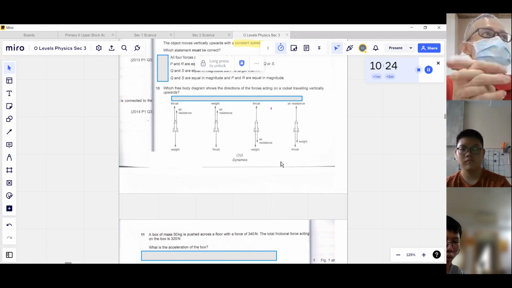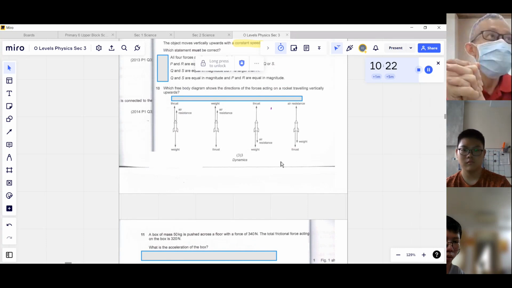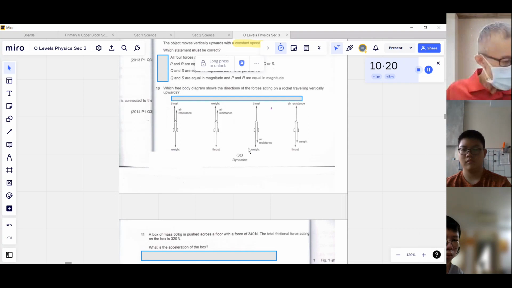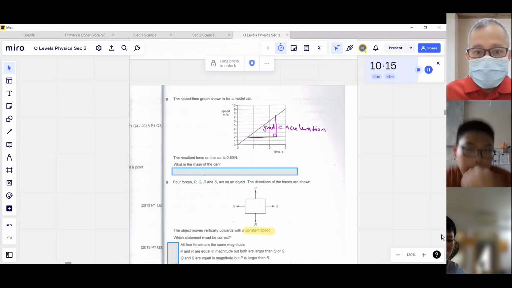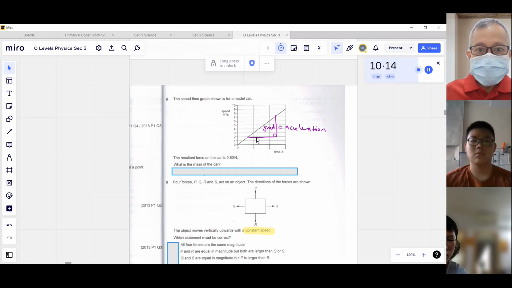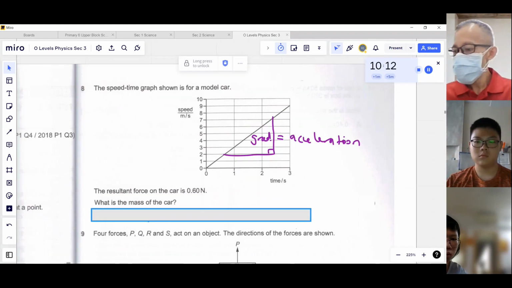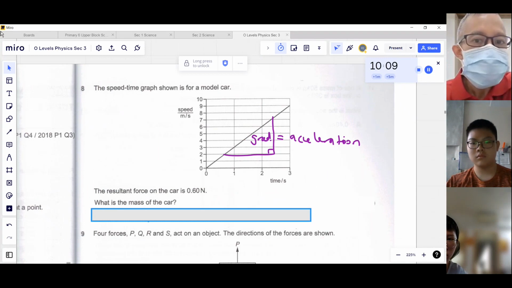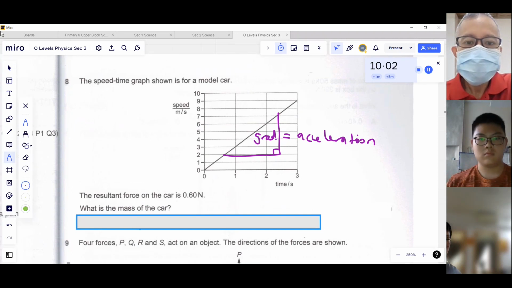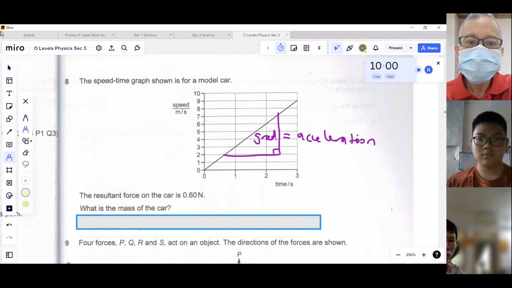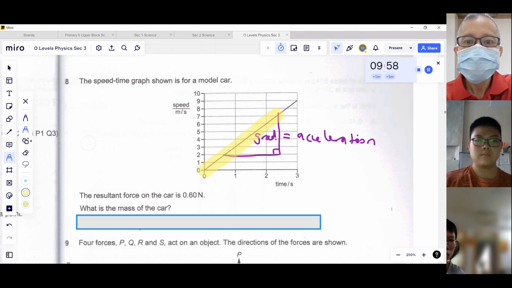Done. I'm not sure about question 8. Number 8. Okay, anyway, for the guys at home, Day one is asking about question 8. Let's take a look. First thing first, guys, remember your basic kinematics. This is a straight line. Day one, what does straight line mean for this case?